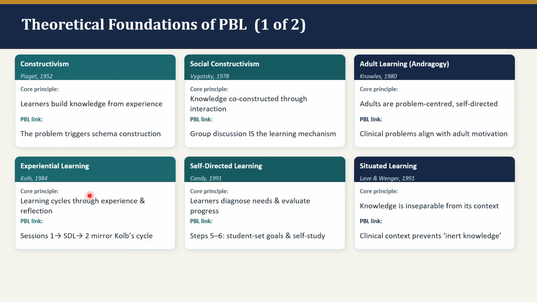And this actually, session 1 and then self-directed learning and session 2 in problem-based learning mirror this cycle clearly. Also, self-directed learners diagnose needs and evaluate the process. And this is very clear when the 5th step and 6th step outline this, and we'll be explaining this when we talk about the 7-jump approach.